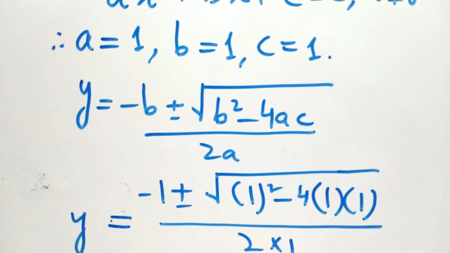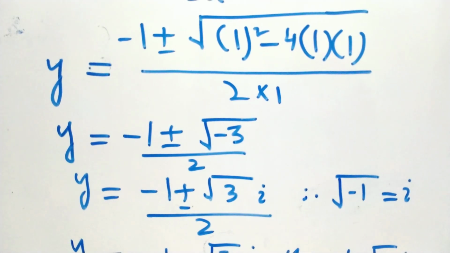So y is equal to minus b, that is minus 1, plus minus under root b square, that is 1 square, minus 4, a is 1 and c is 1. 4 multiplied by 1 and into 1, and divide by 2 into 1, a is 1. So y is equal to minus 1 plus minus under root 1 minus 4 divided by 2.